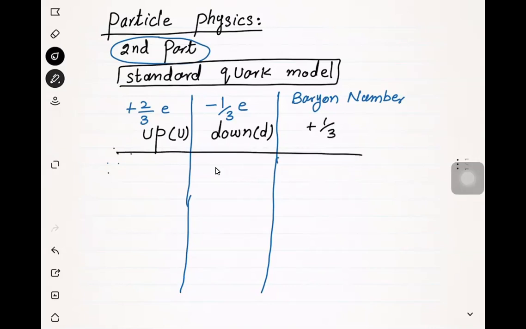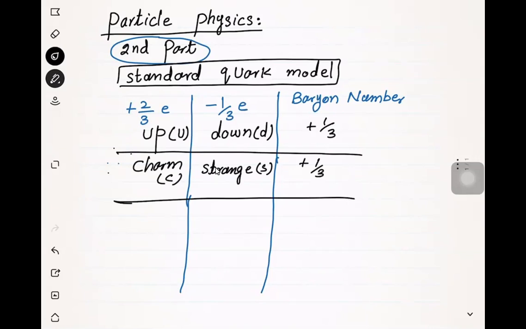The second pair of quarks is charm, symbol C, and strange, symbol S. And their baryon number for both of them is plus 1 by 3.